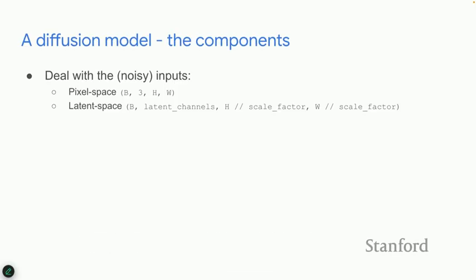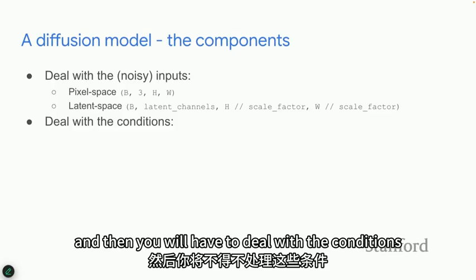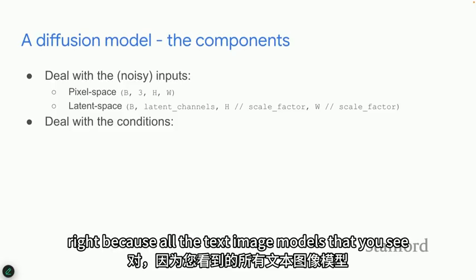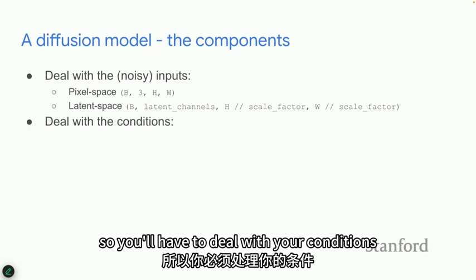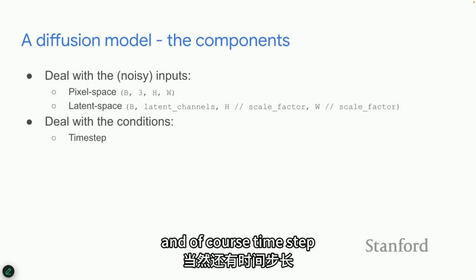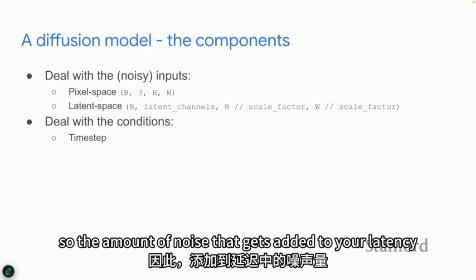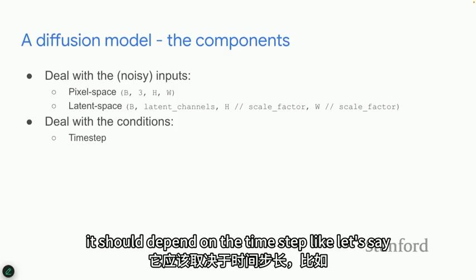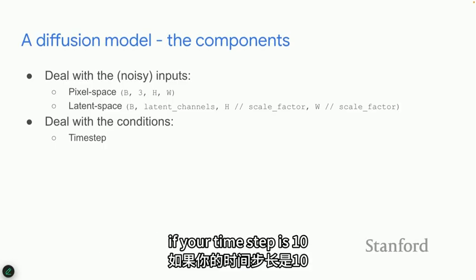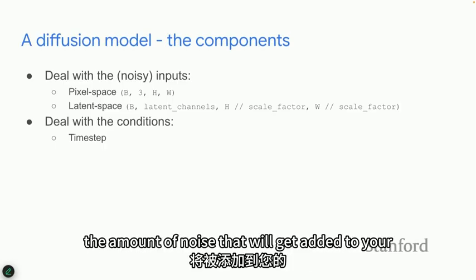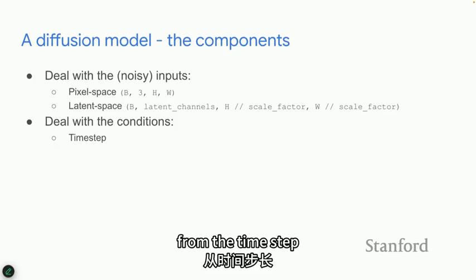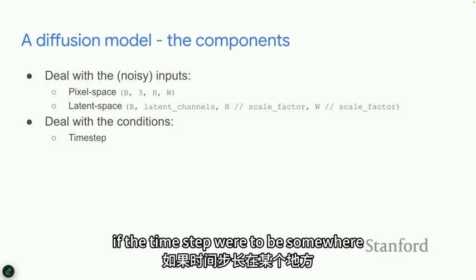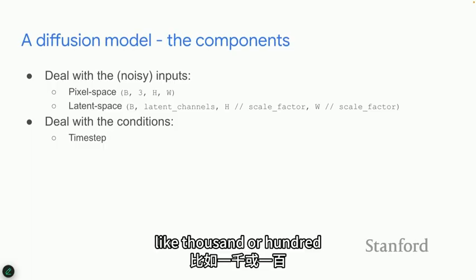And then you will have to deal with the conditions, right? Because in all the text to image models that you see, text is your condition. And of course, time step. The amount of noise that gets added to your latents should depend on the time step. Let's say if your time step is 10, the amount of noise that will get added to your data points will be different from when the time step is somewhere like 1,000 or 100.